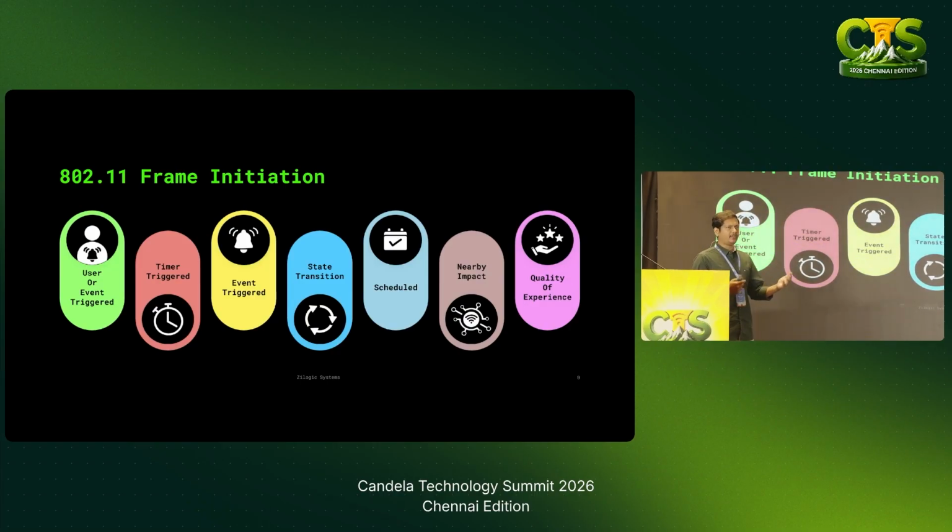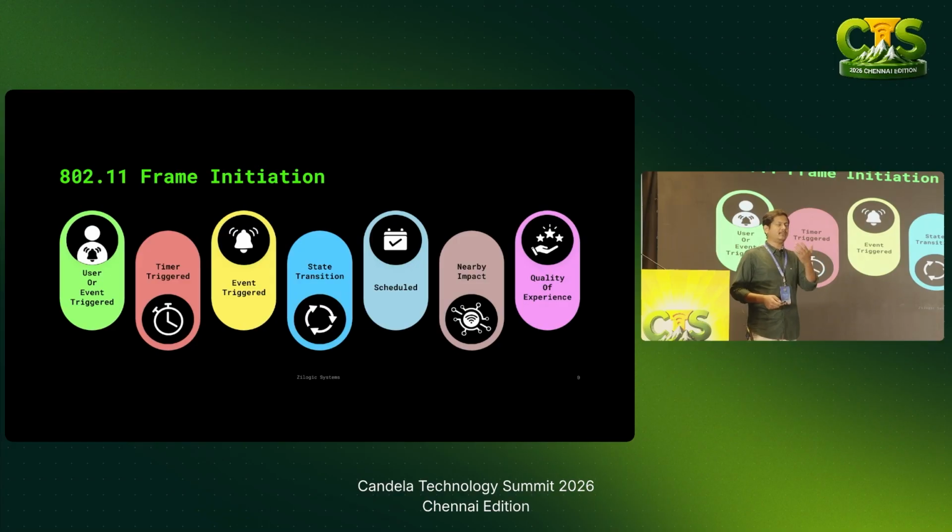Any frame that is initiated from the station can have these categorizations. It can be initiated by a user event, for example, a STA trying to scan sends the probe request, initiated by the user.